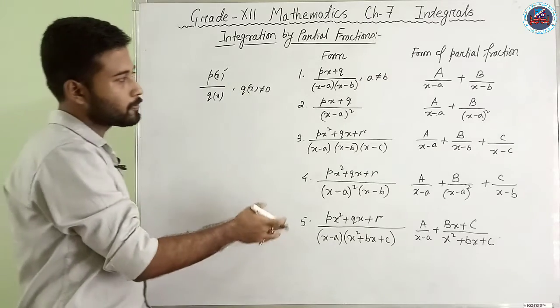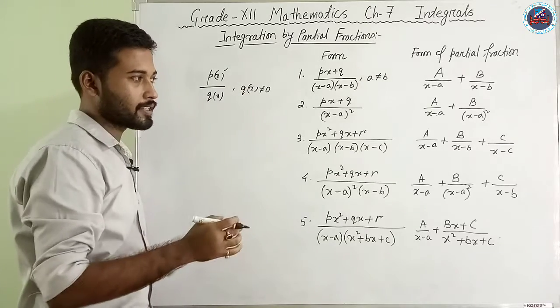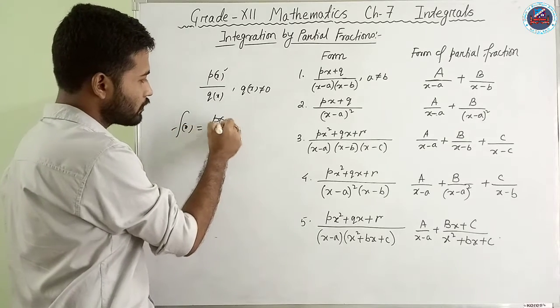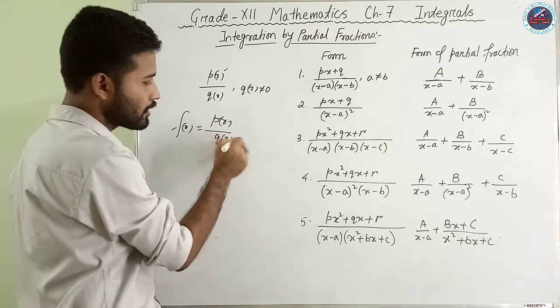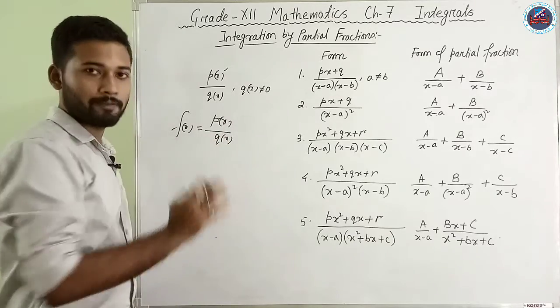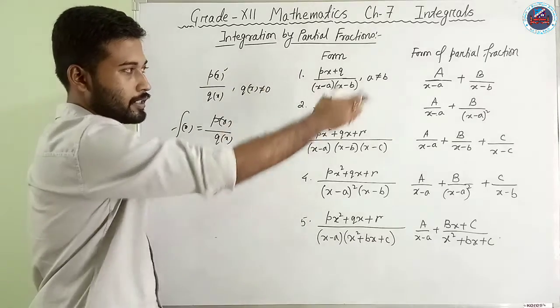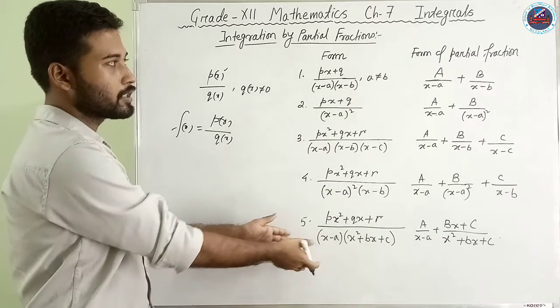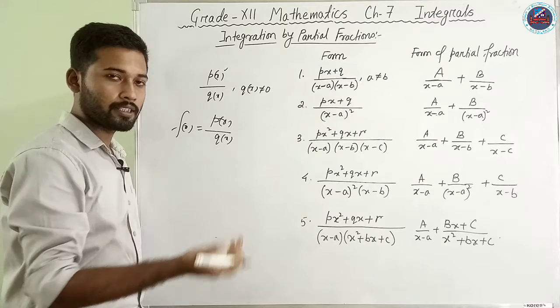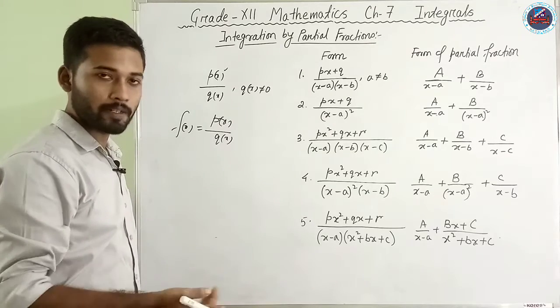So our focus will be on the rational functions. The first thing is that if we get a function f(x) equal to p(x) by q(x), we have to check whether it is proper or improper. If it is proper, then fine, we shall go with these forms. If it is improper, then we shall divide it using long division.